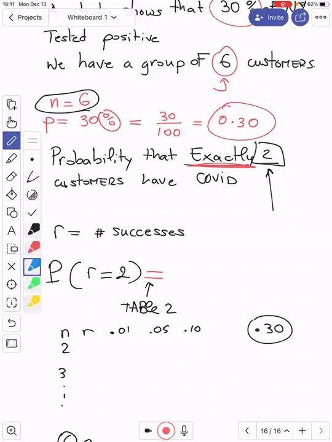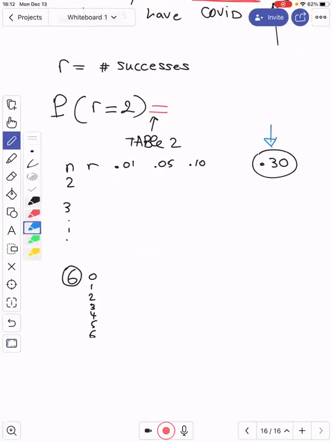Okay, so we are in this column here with the 0.30. That's the 30%. Now I can find my answer. It's this column with 0.30, and our R is 2. So here's my R. When n is 6, R is 2. So the answer, I think, is 0.324.